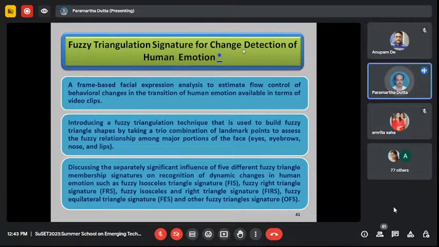But this formulation or definition is in the sense of the classical definition of a right angle triangle. Now suppose instead of 90 degree, it is 89 degree, 11 degree and 80 degree.